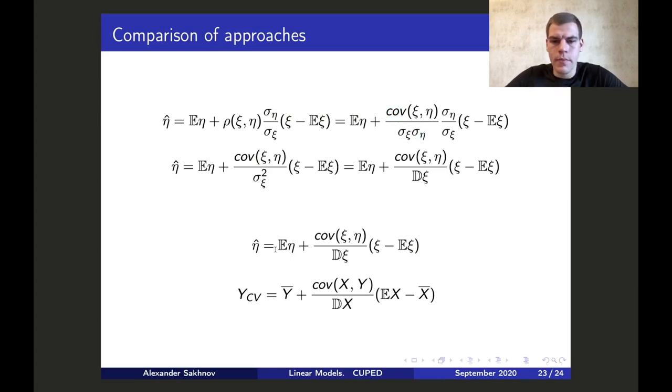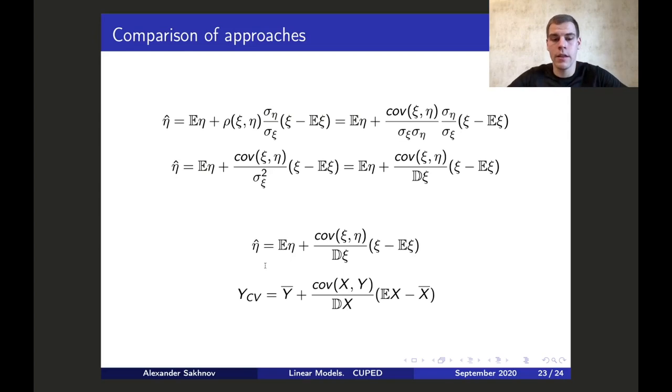So as a result we get these formulas. The best linear approximation is the mean plus some constant multiplied by the deviation.